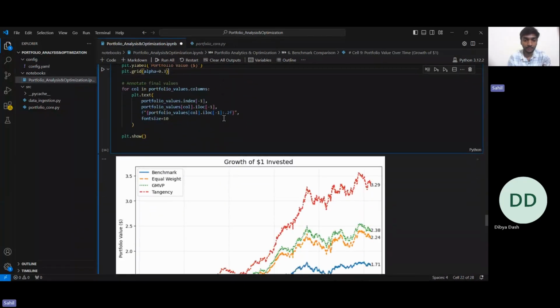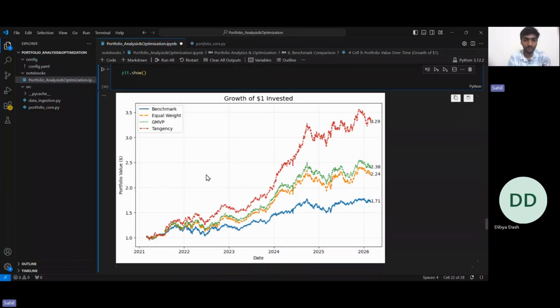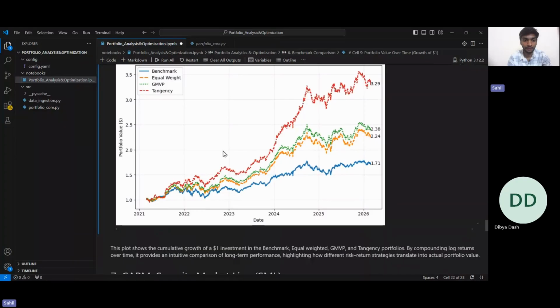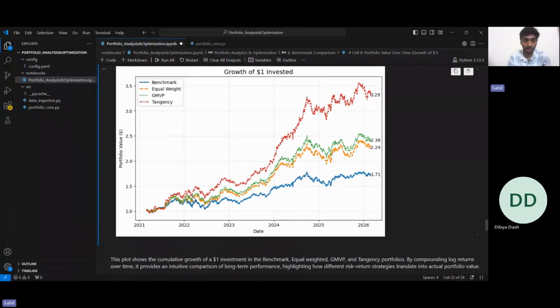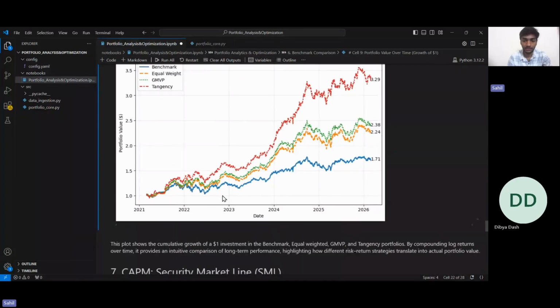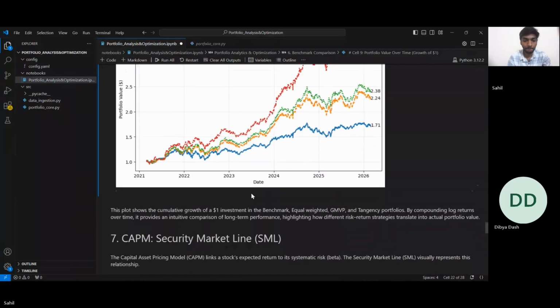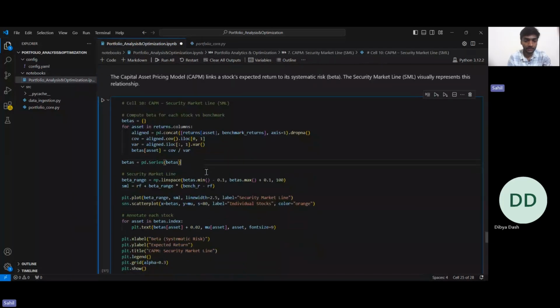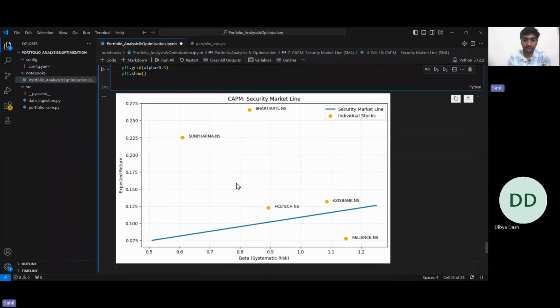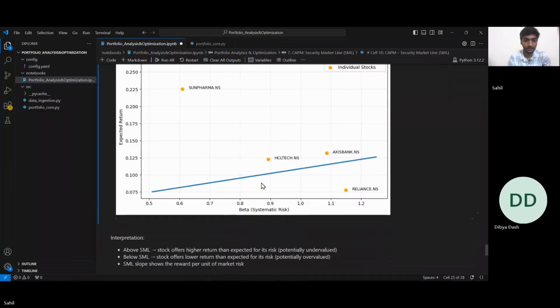Then we see the plot for growth of 1 unit of investment. If we go through the different portfolios, we can see how much we would have got over the past 5 years. Then we see the security market line.